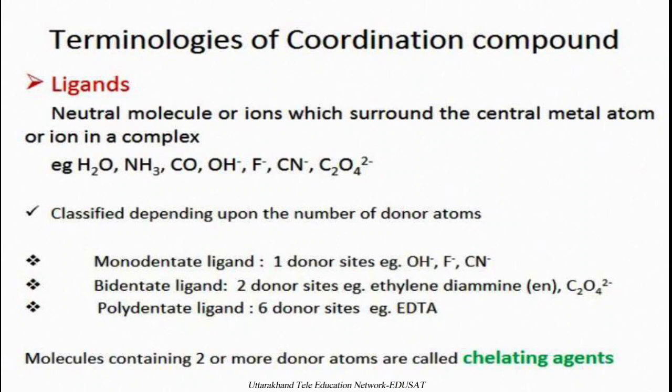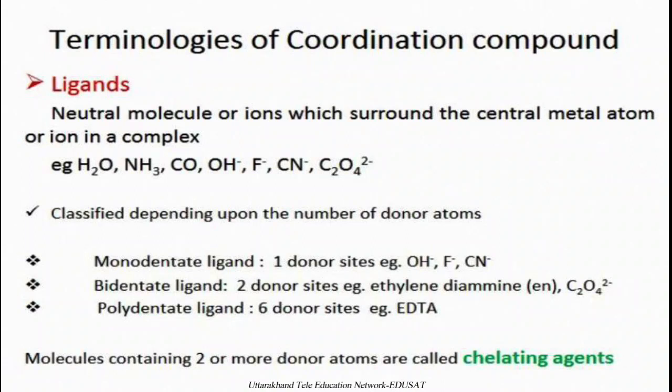Also, hydroxide ion can be used as a ligand which can form a bond between the metal and the ligand. Also fluoride ion and cyanide ion, these are all anions that can be used as ligands for bond formation between metal and the ligand.